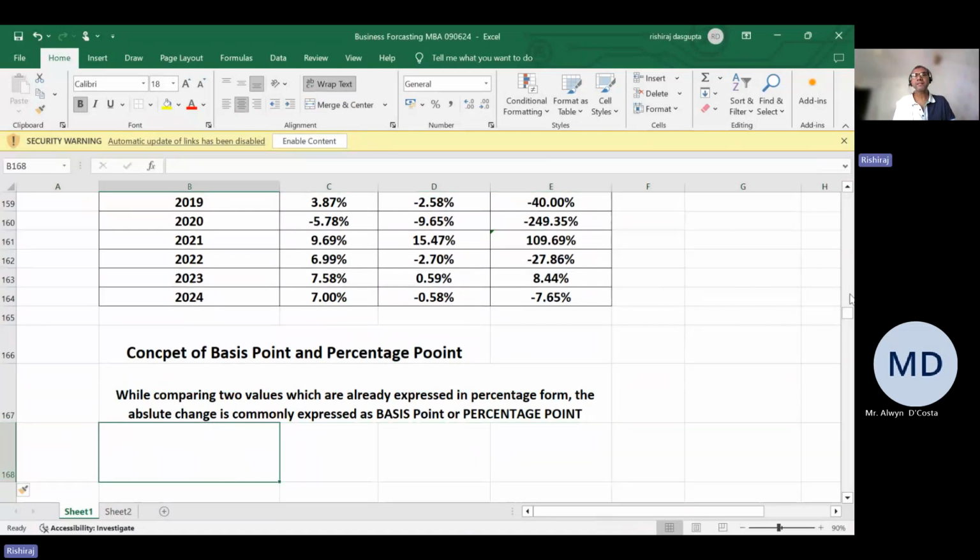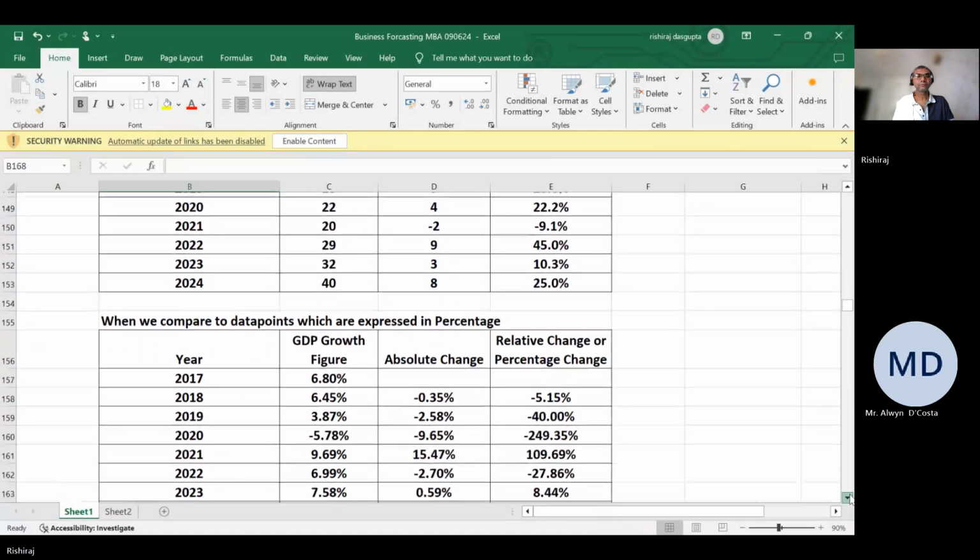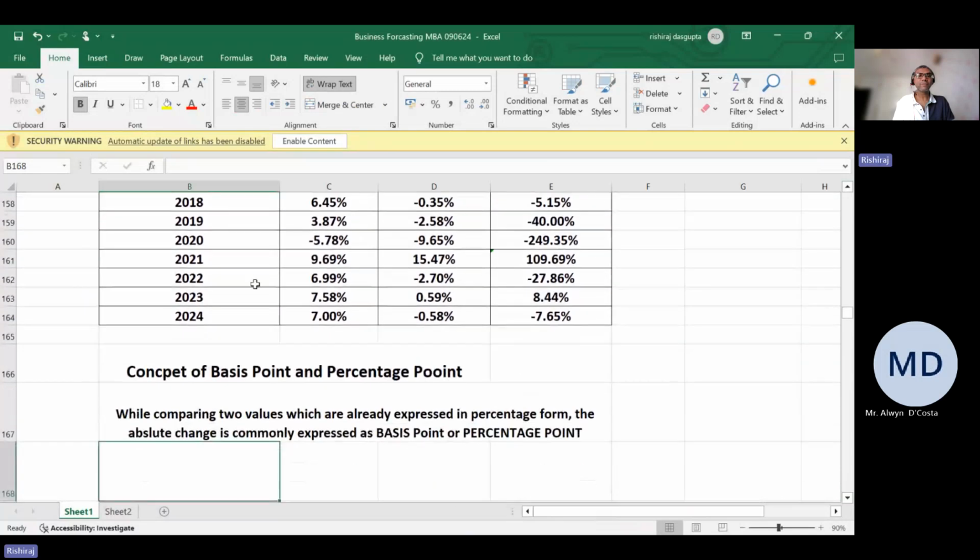So here we are comparing two values, 7.58% and 7%. It has changed by 0.58%. Now, when I say it has changed by 0.58%, it's a highly confusing statement. We have to mention whether it is the absolute change or the relative change.